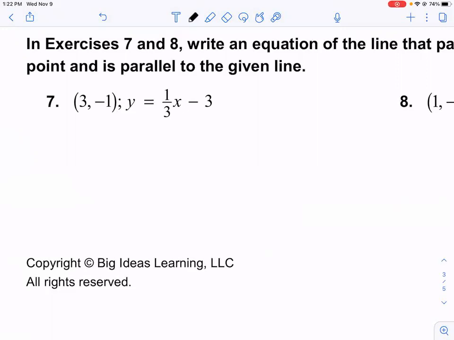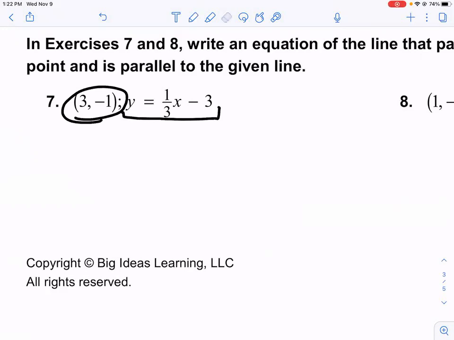You have shown me that some of you know how to write the equation of a line given a slope and a point. Some of you still need some practice. Well, let me give you some more practice. I would love to help you out. Here I have, write an equation of a line that is parallel to this line and goes through this point.